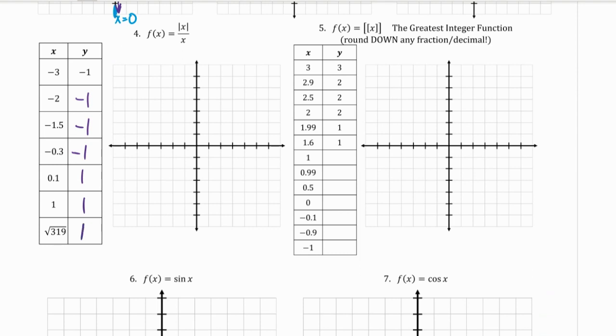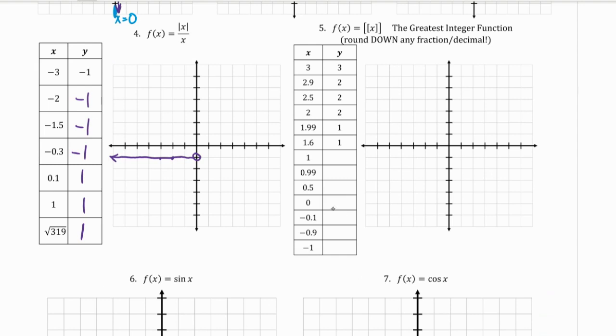So if I start plotting these points, -3, -2, -1.5, all of these values, until I reach 0, are going to be -1. Now I'm going to put a hole here, because if you plug in 0, you get 0 over 0. And as you know, that does not exist. And 0 over 0 specifically is going to give me a hole.